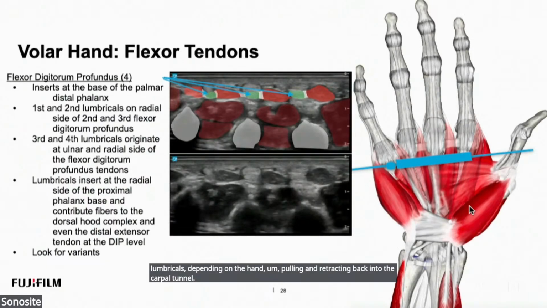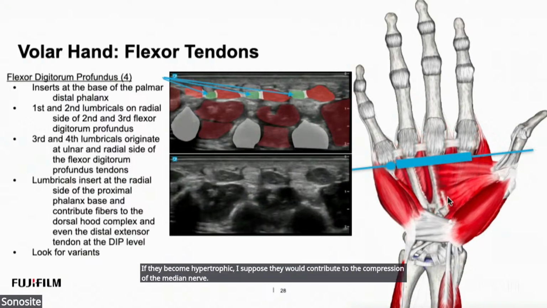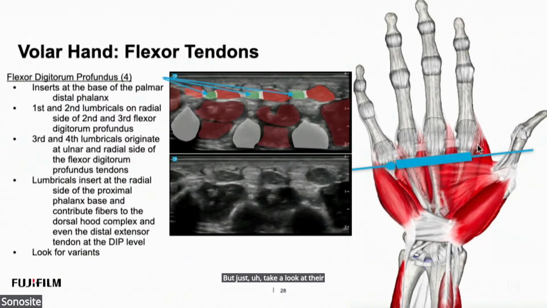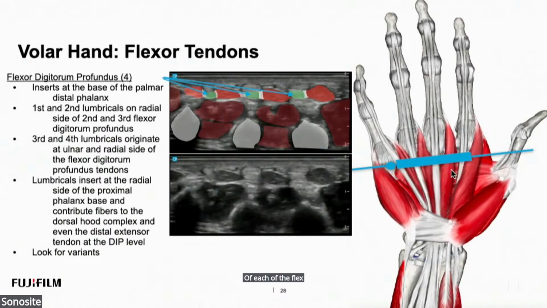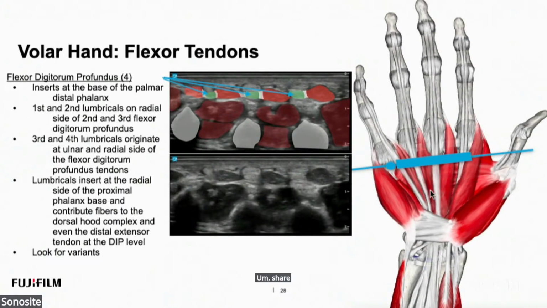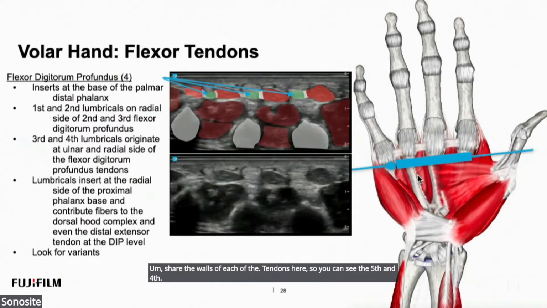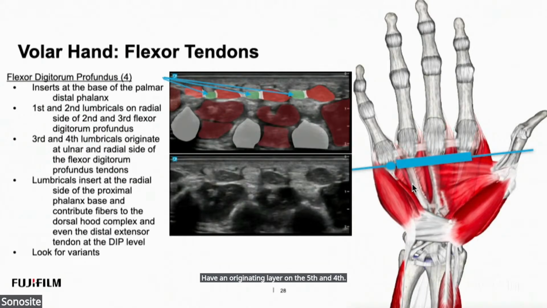If they become hypertrophic, I suppose they would contribute to the compression of the median nerve. But just take a look at their path. You'll see that they kick off on the radial side of each of the flexors. The first two don't have a double-headed origin, but the last two share the walls of each of the tendons here. So you can see the fifth and fourth have an originating layer on the fifth and fourth bellies of those tendons.